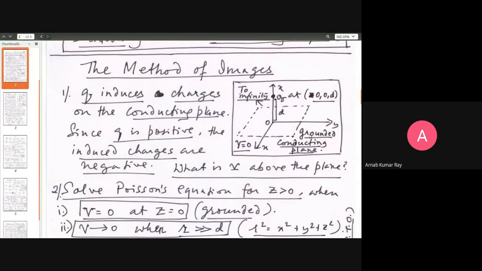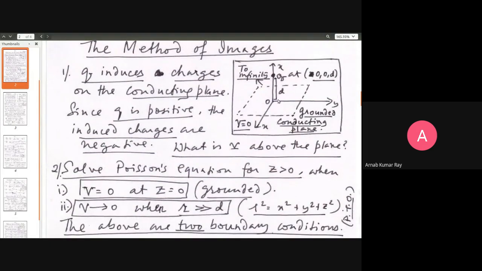And above the plane, at a height d, you place a point charge q. This will induce charges in the plane and create a correction to the potential that would have happened only due to this point charge.